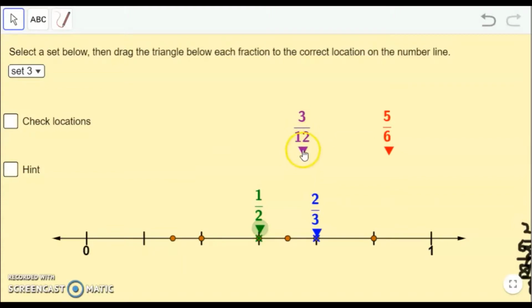It would be 1.5/6. So there's the point to move that to. And 5/6, 1, 2, 3, 4, 5, 6. Here.